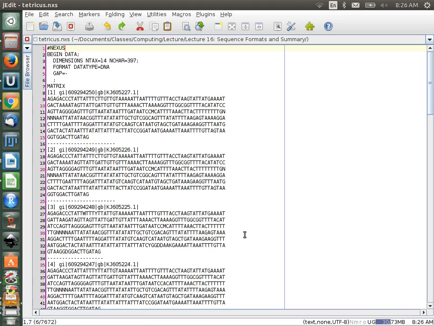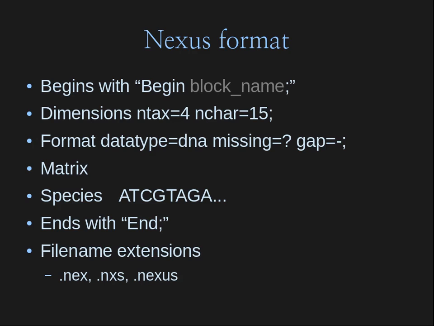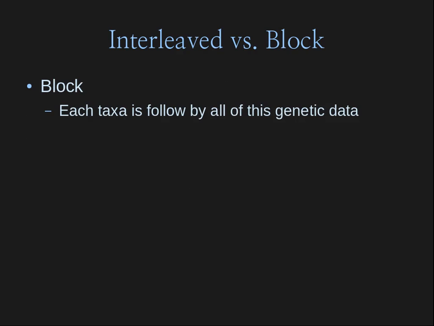Now, that being said, this can occur in two different ways. This is what's known as block format or sequential format, where each taxa is followed by all of its genetic data. So you have the header information, then all the genetic data follows that.